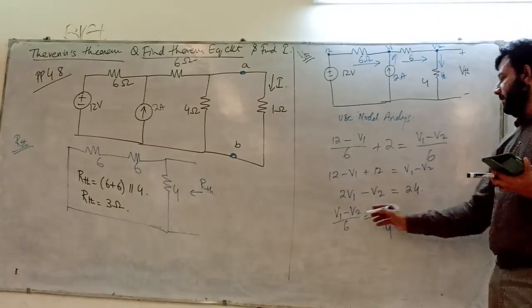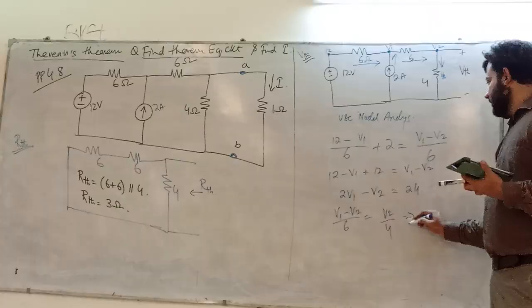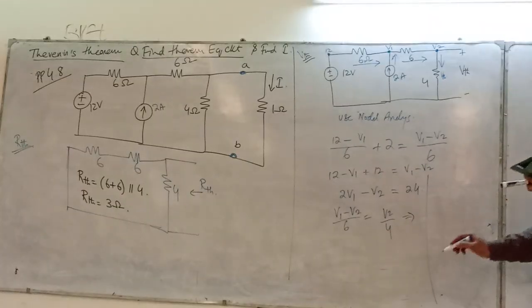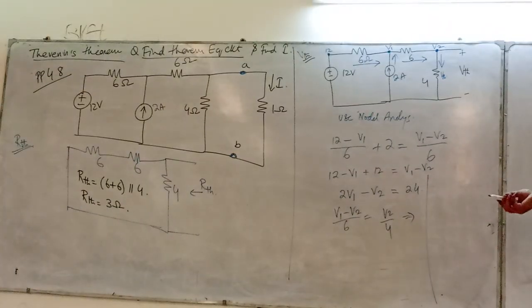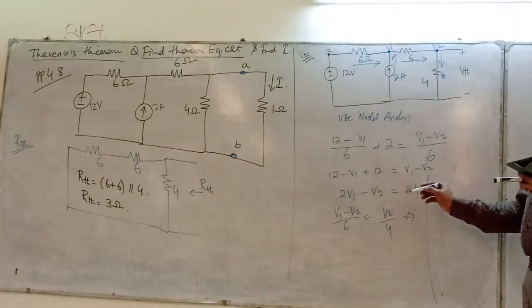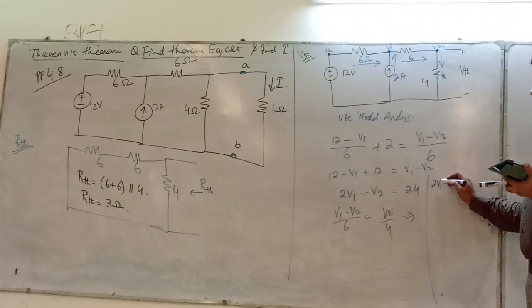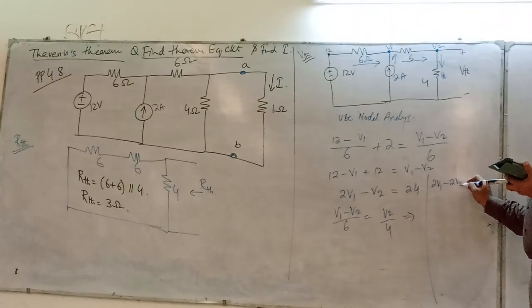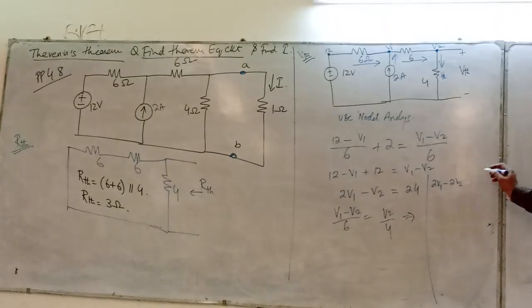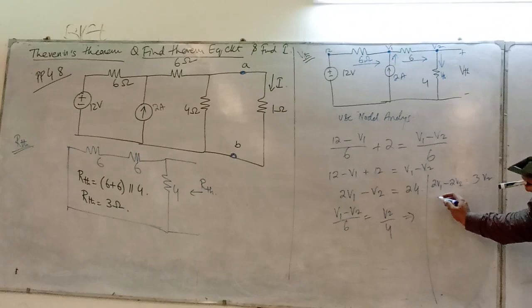So multiply by 24, what we get? 12 से भी हो जाएगा, 12 से भी कर सकते हैं। 12 को मल्टीप्लाई करेंगे तो बचेगा क्या? 2V1 minus 2V2 is equal to 3V2. प्यार से लिखो उसको, 2V1.